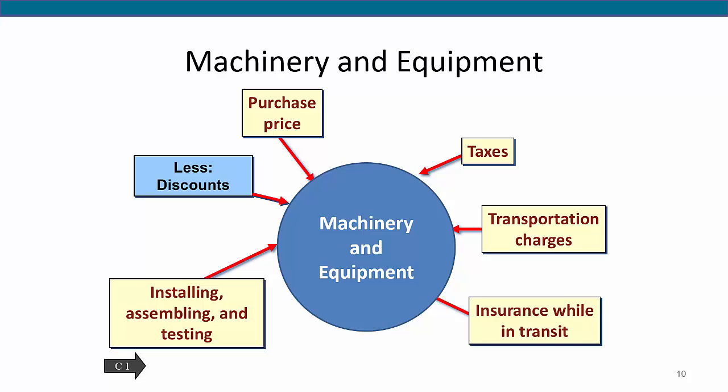For example, the company may have to pay delivery charges on the machine, and these costs are included in the amount recorded in the general ledger asset account. If we need to install any special parts to make the machinery or equipment ready for its intended use, we will include these costs in the recorded price of the asset too.